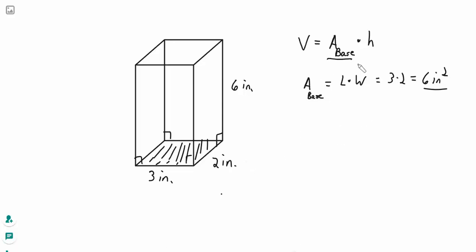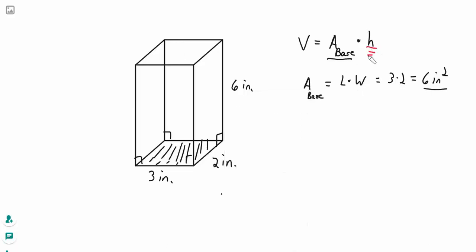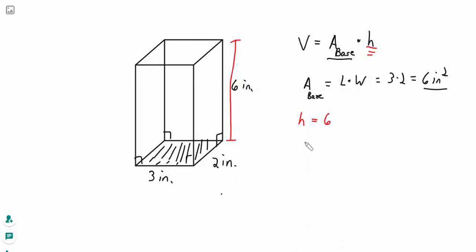All right, so now we just need to find the height. So maybe we'll go to a different color here. So the height is what? Well, the height is 6 inches, right? It's from here up to here. That's our 6 inches. So we can plug that into our formula.